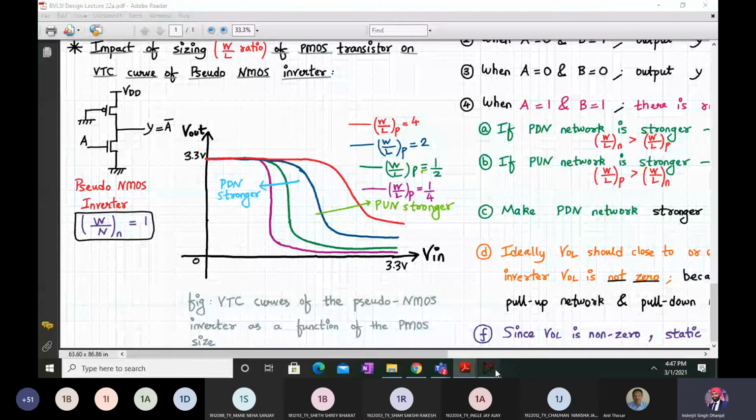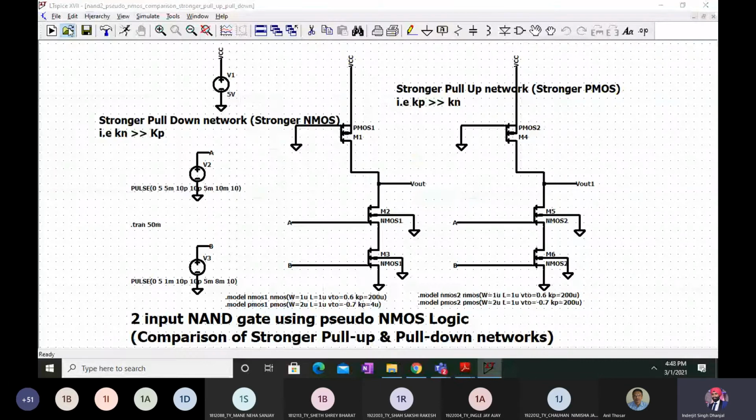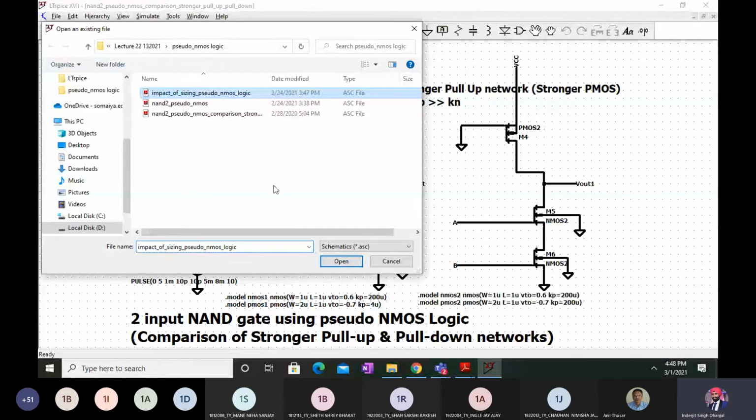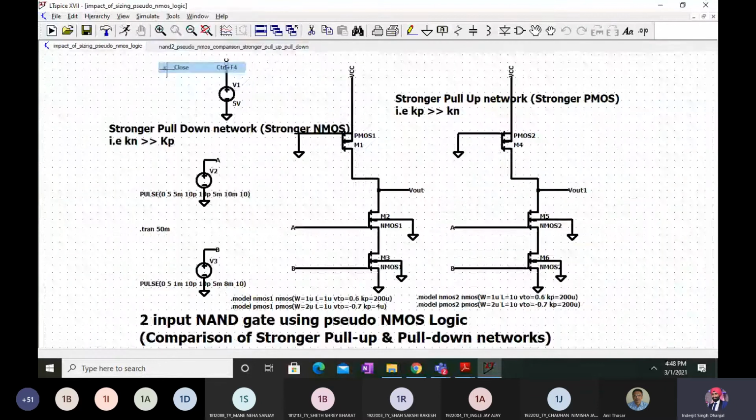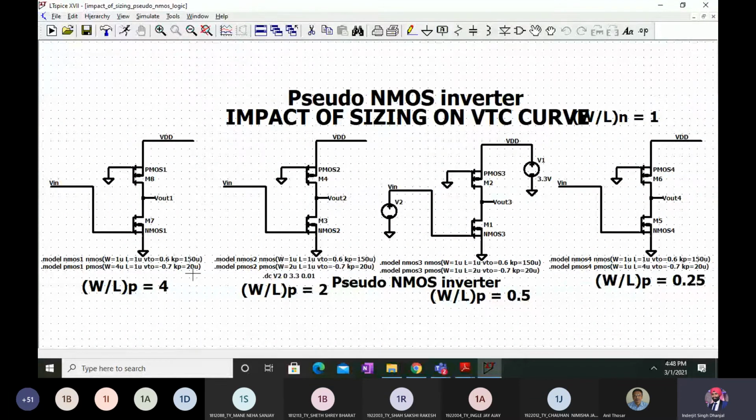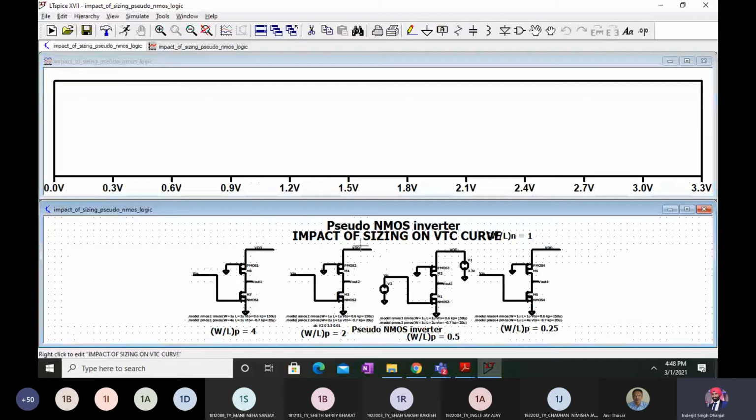So let's see this in LTspice. The impact of sizing on the pseudo NMOS inverter. I've already made the circuits ready. So we have W by L of PMOS as 4, 2, half, and quarter. So let us see this.